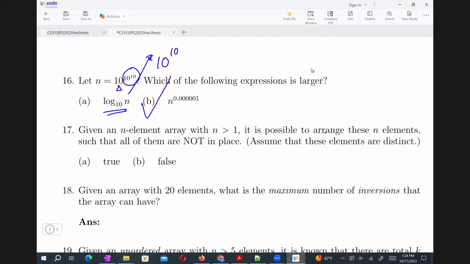Then, because of the same base, log base 10 of 10 to some n, let's say, by the logarithm property, we can bring the exponent to the front. Log base 10 of 10 is 1, so it's n. The n here is 10 to the 10.